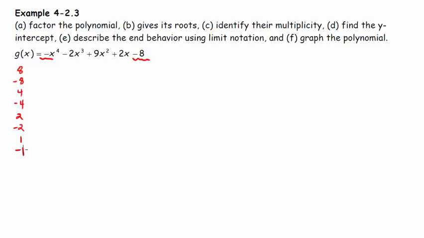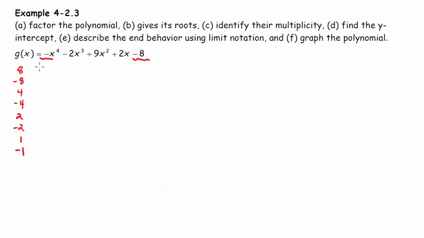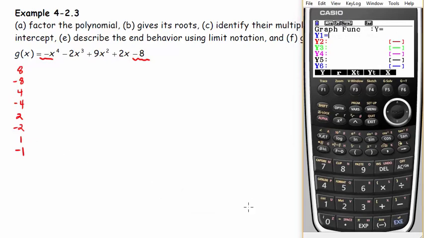Okay, so what we're going to do here, we're going to use our calculator to help us pick roots that we know would work. If we didn't have this technology, we could potentially pick 4 or 5 that didn't work before we found one that works. So I'm going to enter my equation here into y1.